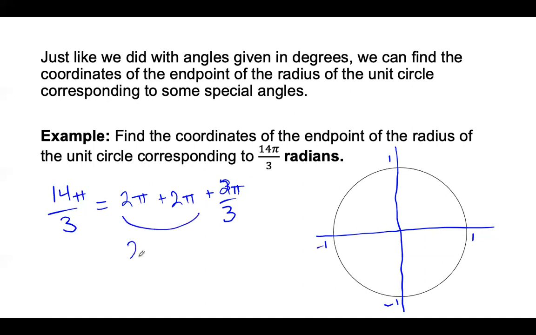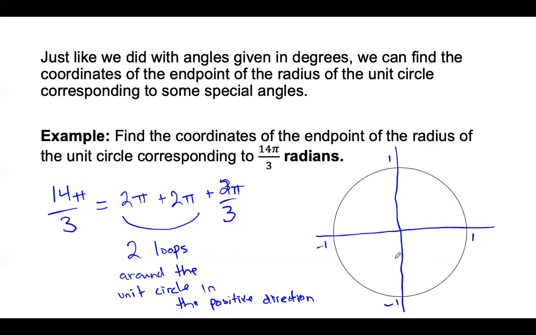So this would be 2 loops around the unit circle in the positive direction. So this means you go around once, twice.